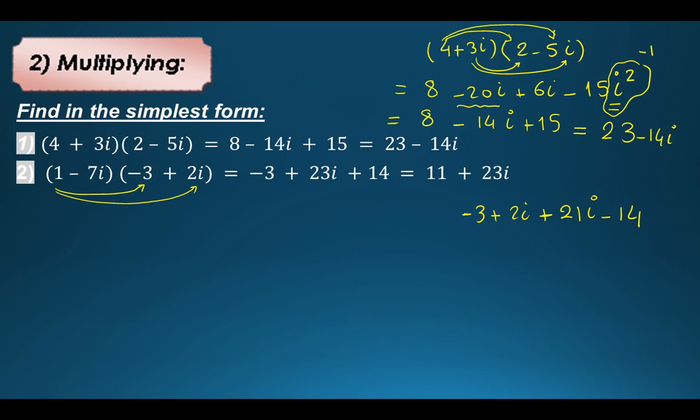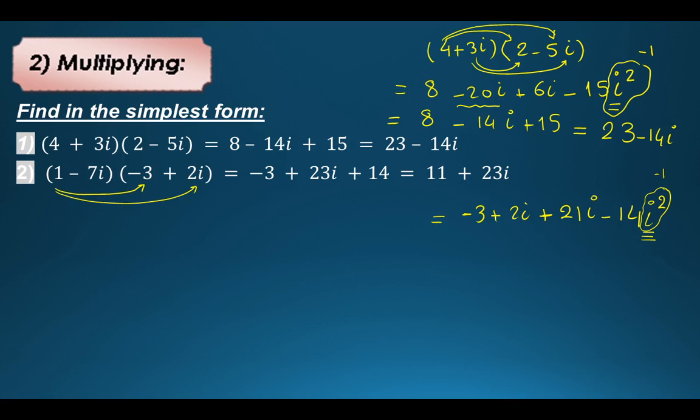And i multiplied by i will be equal to i to the power of 2. Here again, we know that i power of 2 equals negative 1, so we will replace i power of 2 by negative 1.